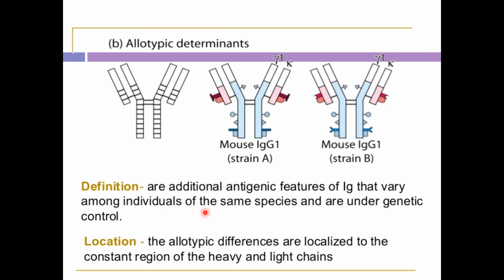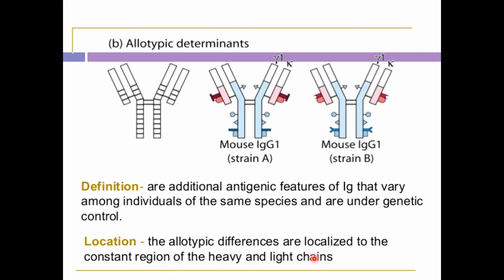If you give the blood of one individual to another patient, then allotypes are the antigenic features of immunoglobulin that vary among individuals. All humans have different allotypes of the same species, and they are under genetic control. Allotype differences are localized to the constant region of the heavy and light chain. So isotypes and allotypes are mainly present on the constant region of heavy and light chain.